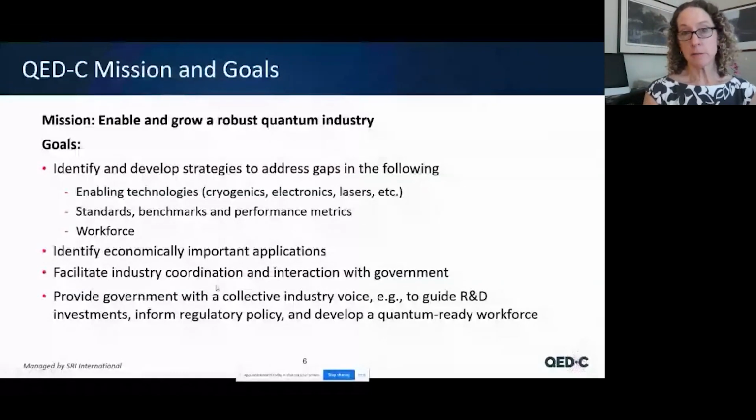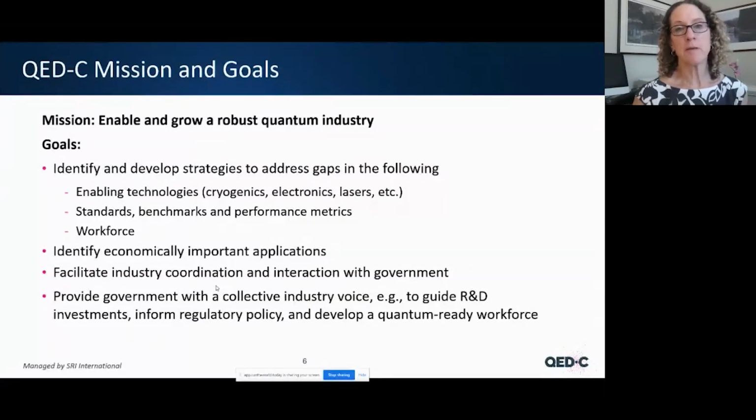First of all, as the legislation creating the consortium indicated, we are to identify the needs and the gaps. And those are in technology areas and especially enabling technologies. So we sometimes say that QED-C is not about the qubits, it's about all the technologies around the qubit. And so we're hosting workshops and we're doing deep dives and developing roadmaps in various enabling technology areas.